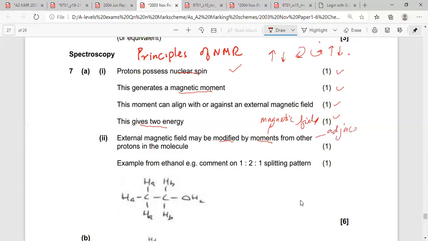That means the proton like here is adjacent to this one here. Why? Because of the 1, 2, 3 bond. That means these two will affect this one here. That means the magnetic field of these three can be modified by these two.